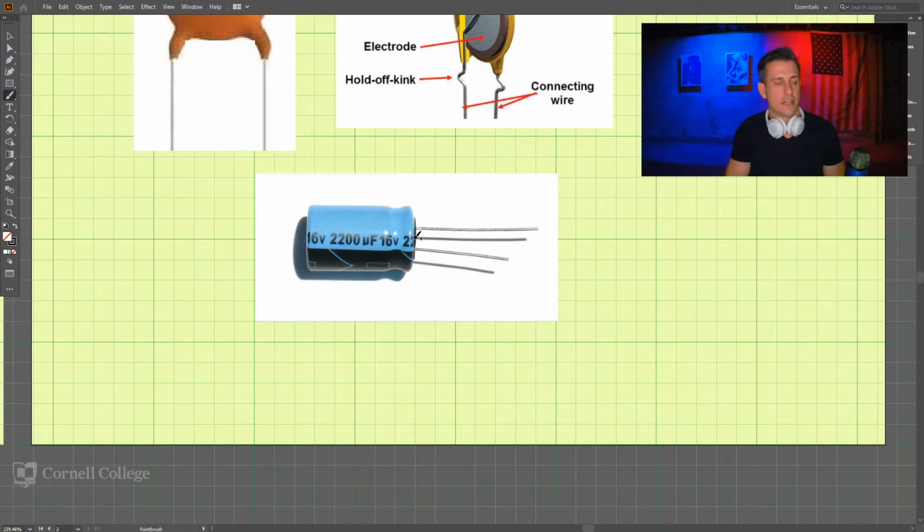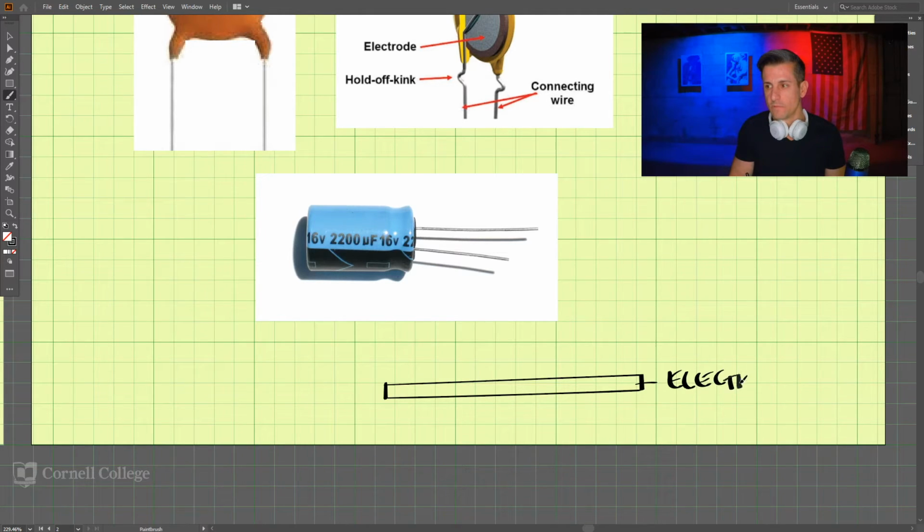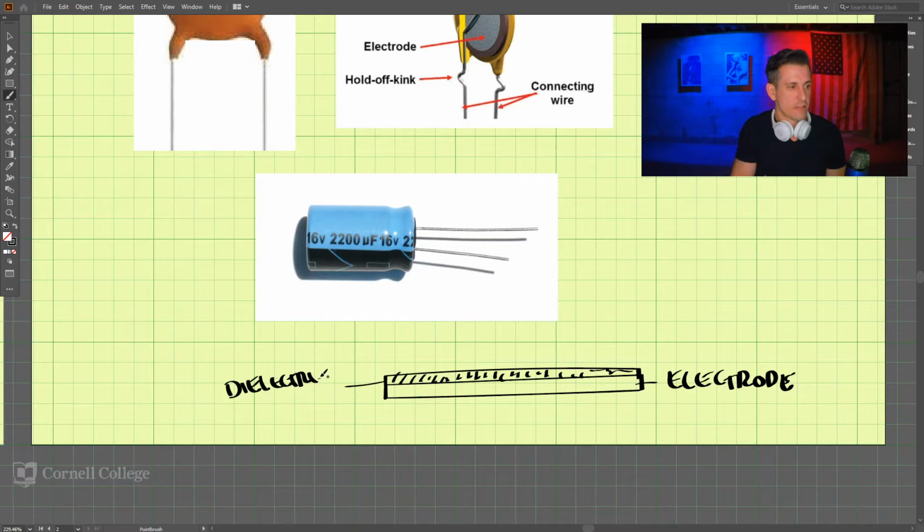Now this capacitor here is a little bit different. So we have the electrode. We put our dielectric here. So this is our dielectric, and that prevents the current from flowing. This insulates. And then up here we have our other electrode.